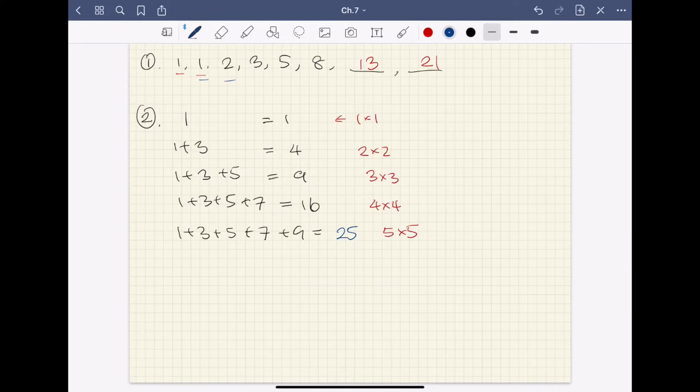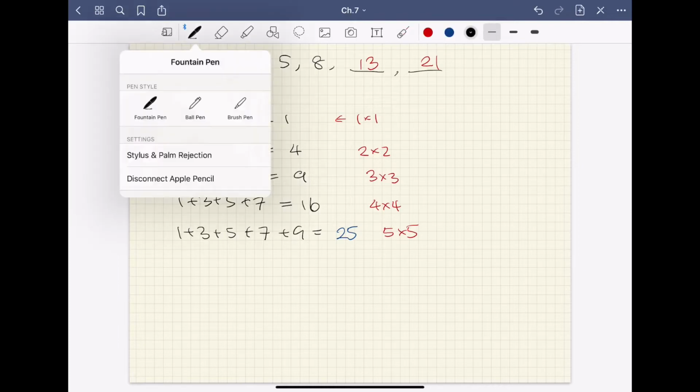So adding all the odd numbers equals the perfect square of the number of terms. It's 5 times 5 here because we have 5 terms. So if I have 6 consecutive odd numbers added together, my answer will be 6 times 6.